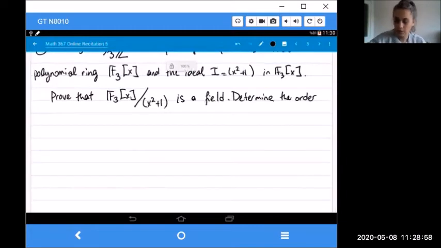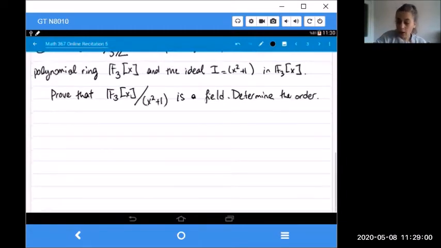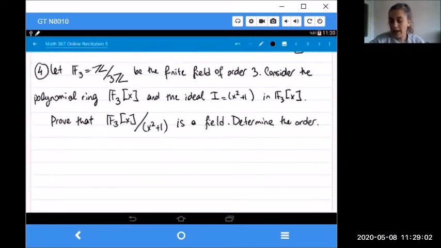Now we have a field, and then we consider the polynomial ring over the field and an ideal of it. And then by using this polynomial ring and the ideal generated by a specific element, we are going to construct the field by taking the quotient.